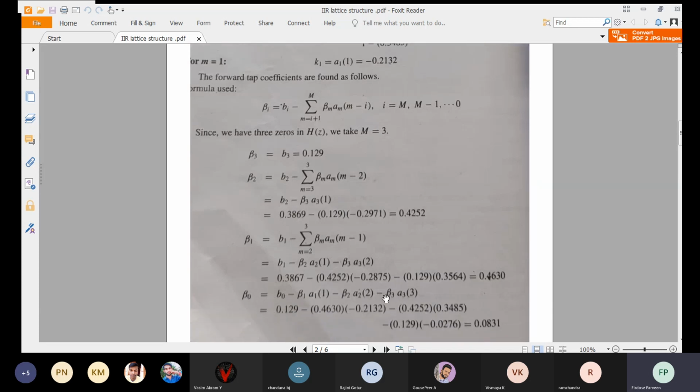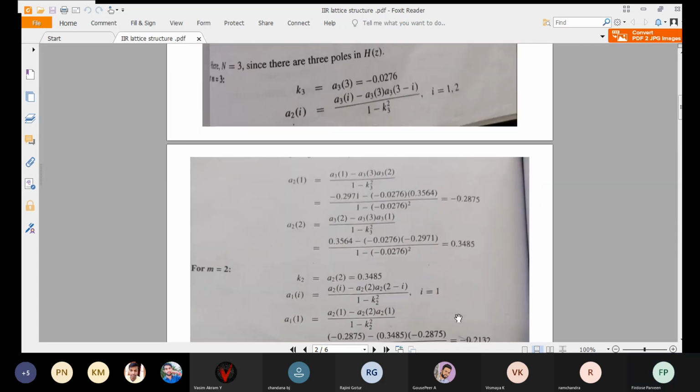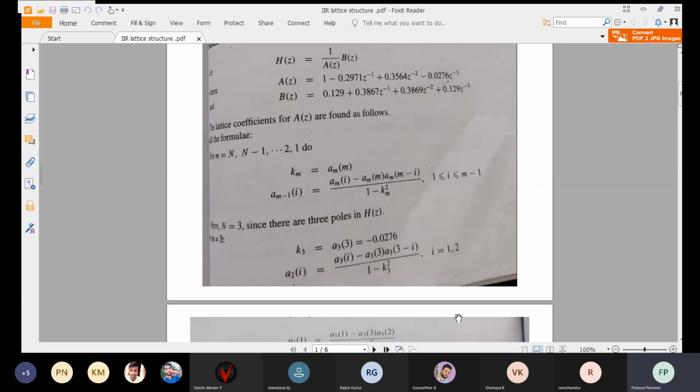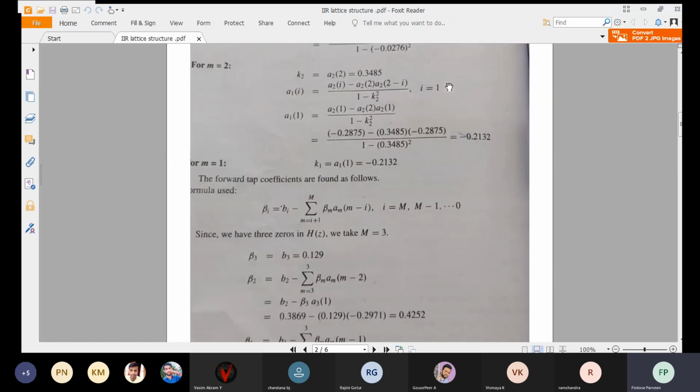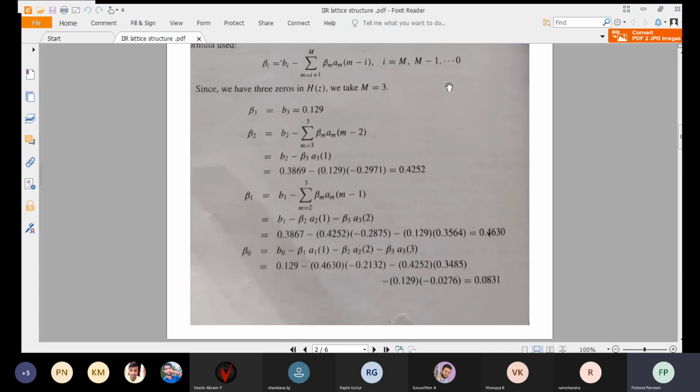In the same way, for i is equal to 2 we have done; for i is equal to 1 and i is equal to 0, you calculate and you will be getting the answers. Sorry, this one will be your B0, this one will be your B1, this one will be your B2 and this one will be your B3. Substitute and you will be getting these answers.